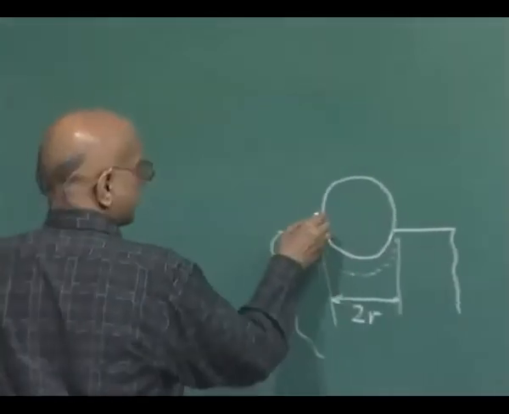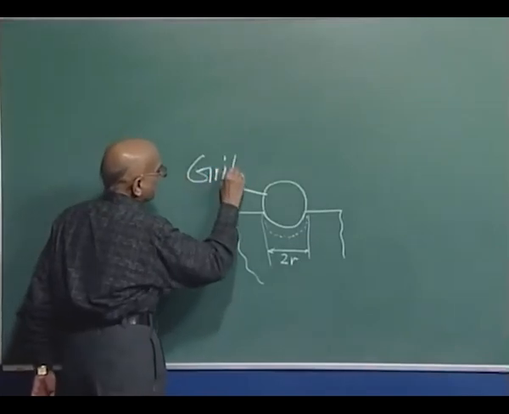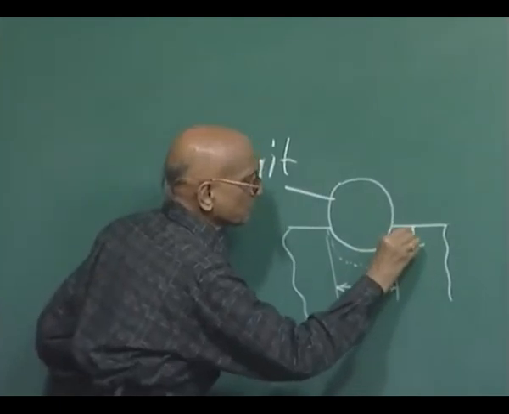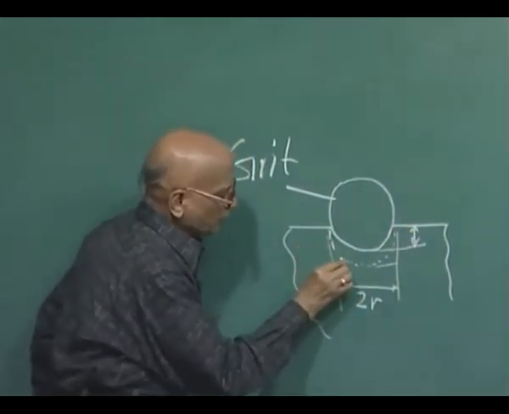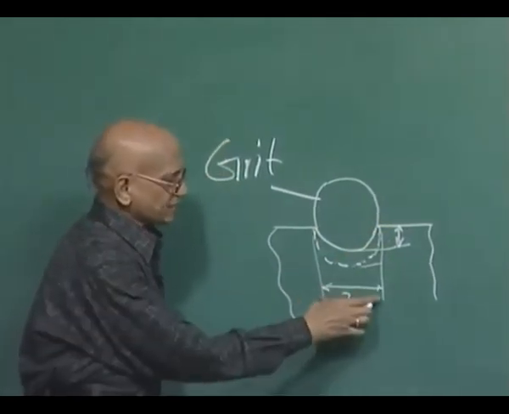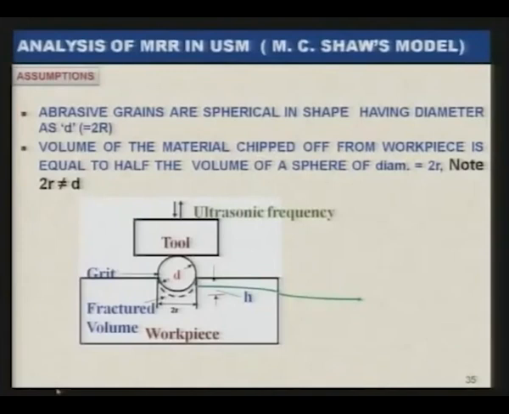As you can see here, this is the grit, and when it is penetrating up to this depth, it is assumed that the volume of this is equal to the semi-sphere having a diameter equal to 2r. Here is the tool which is vibrating ultrasonically, and here is the grit having diameter d, and 2r is the diameter of the hemisphere of the fractured volume.